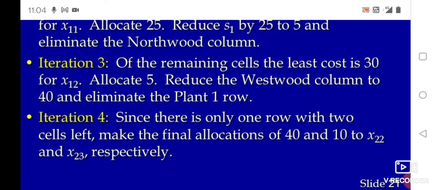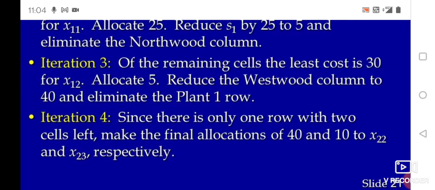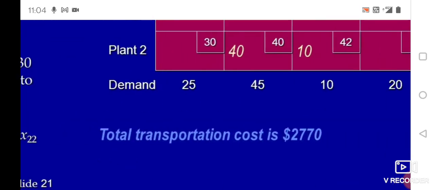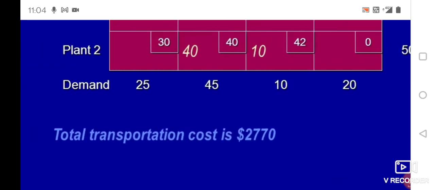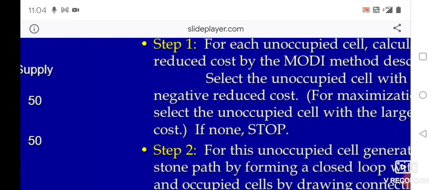And last, since there is only one row with 2 cells left, make the final allocation of 40 and 10 to x22 and x23 respectively. These are the planned Northwood 25 and the supplies.